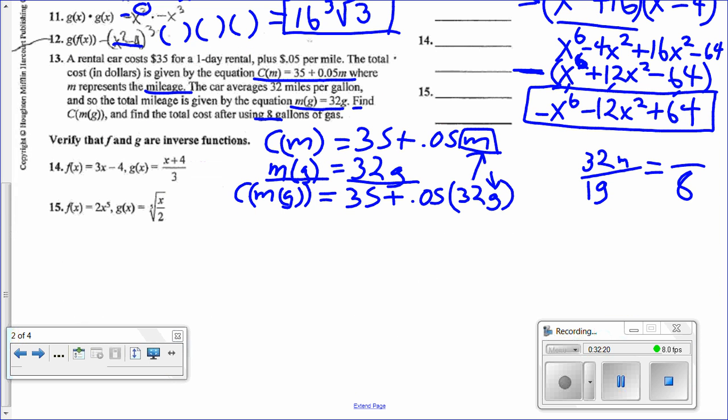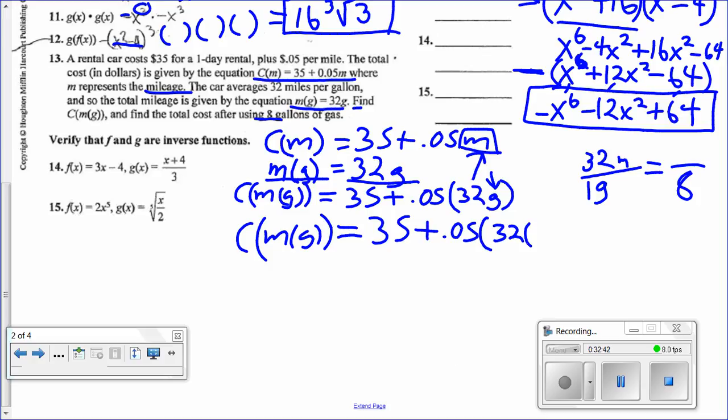Let's just do that. Give us a little bit more room. So c of m of g is 35 plus 0.05 times 32 times 8. Okay, so 32 times 8 gives us 256 right here.